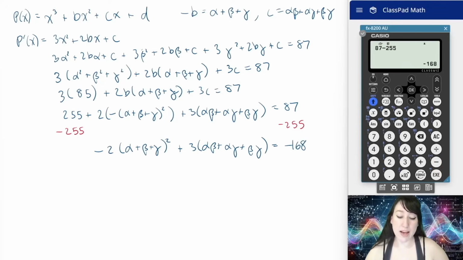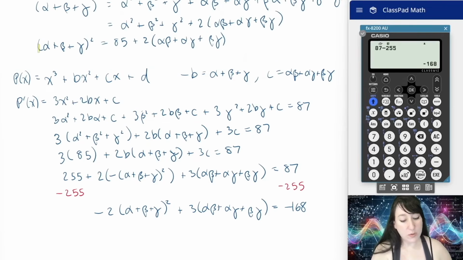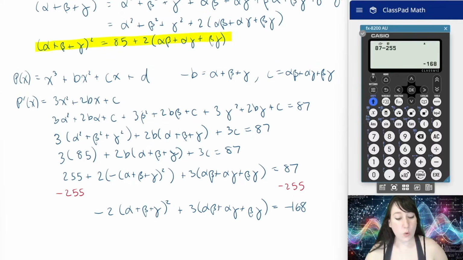Now, essentially, we have simultaneous equations in terms of the sum of alpha, beta, gamma, and the sum of their paired products. So if we go back to this equation, we can replace the sum of alpha, beta, and gamma squared with what we have there on the right. And then we could just solve for the sum of the product pairs.